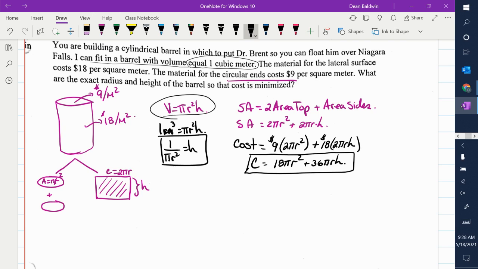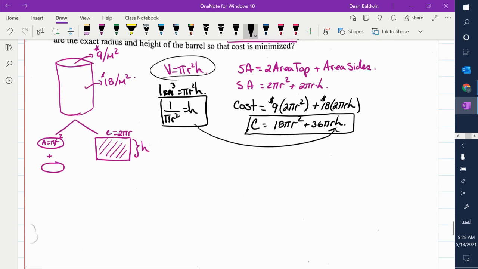And then that goes right there. So now my new formula is the cost is 18. And instead of h, I write 1 over pi r squared.